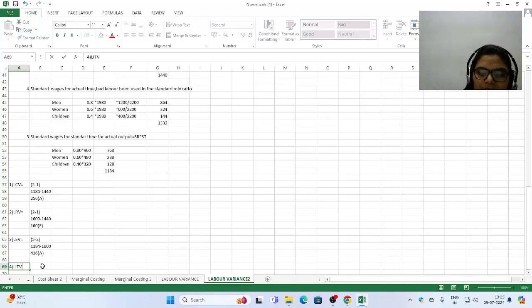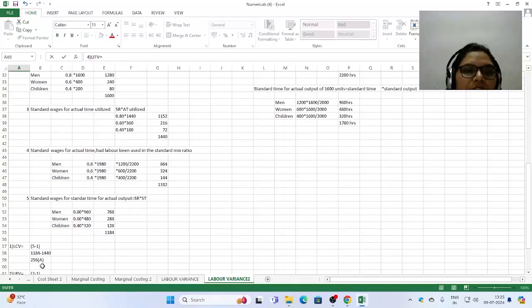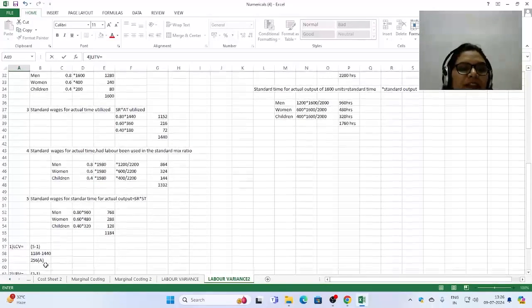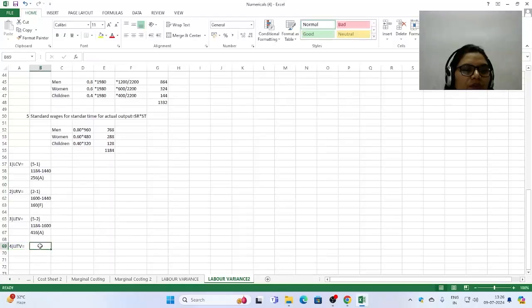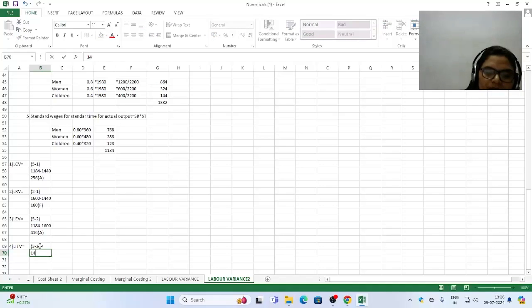Labor idle time variance is 3 minus 2. We know 3 is 1440 minus 2 is 1600. So 3 minus 2, 1440 minus 1600, it's your 160 adverse.